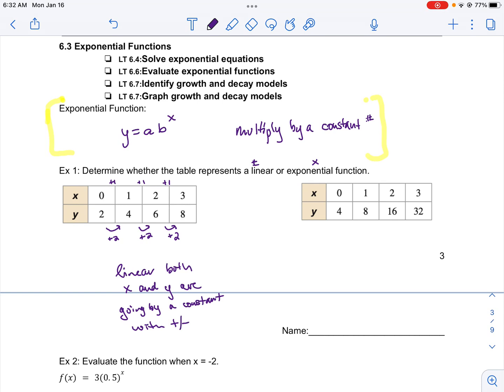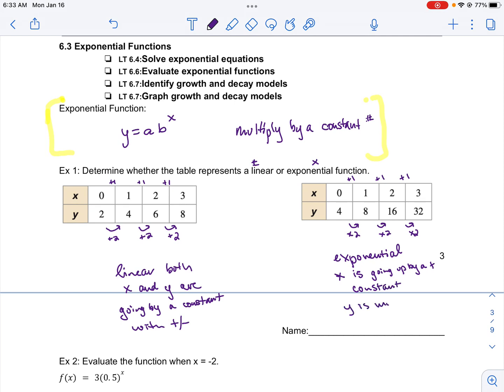So on the second one, we plus 1, plus 1, plus 1. Now on the y's, I am multiplying by 2. This represents an exponential. So x is going up by a positive constant or a plus constant.